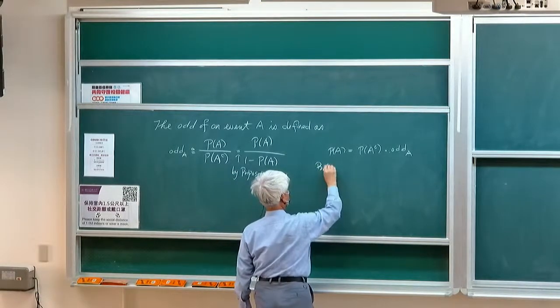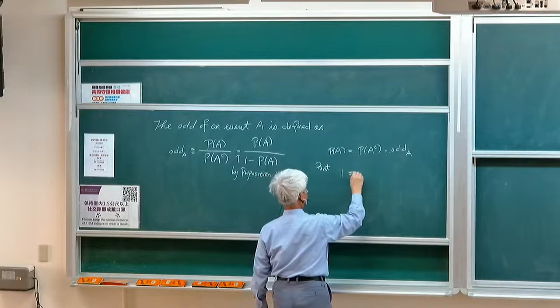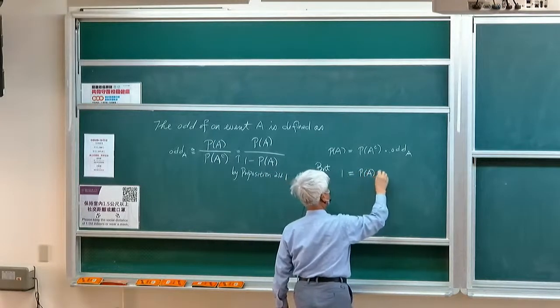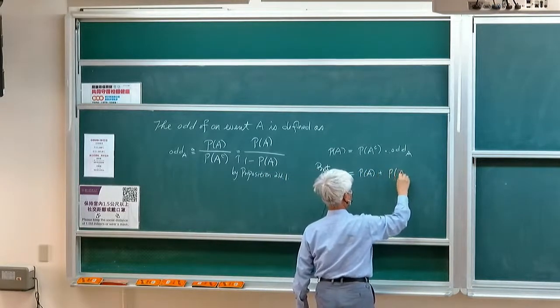But 1 is equal to the probability of A plus the probability of A complement.